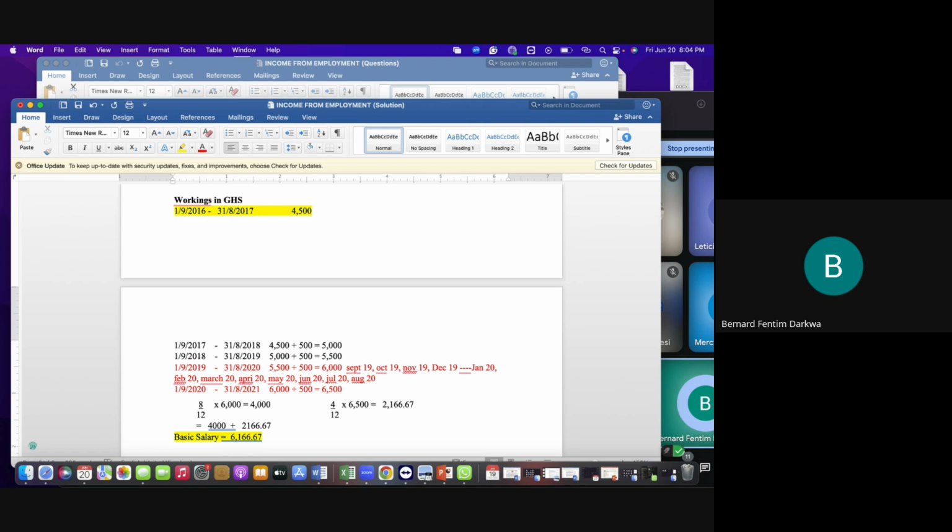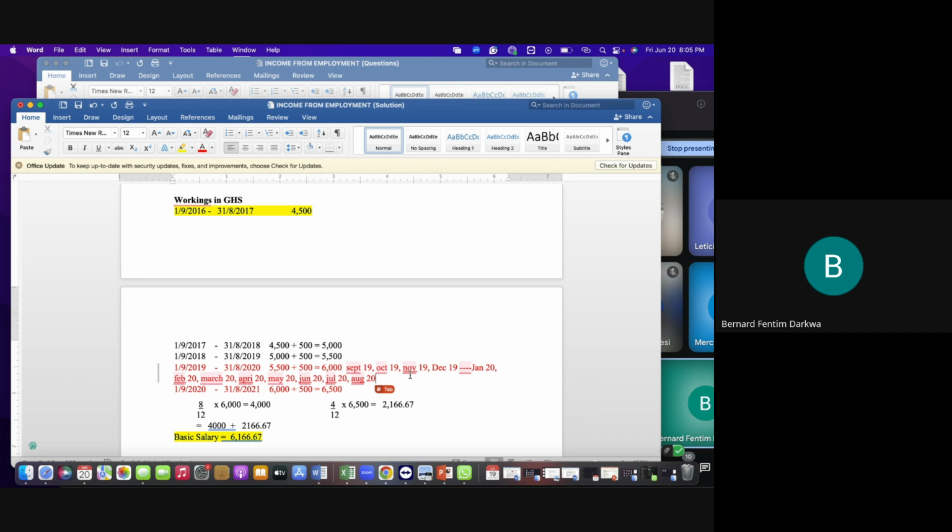This is where it ends. So for 1st September 2019 to 31st August 2020, these are the months involved: September to December 2019, then January 2020 up to August 2020. When you count, it's 12 months. Do you agree that it's 12 months?